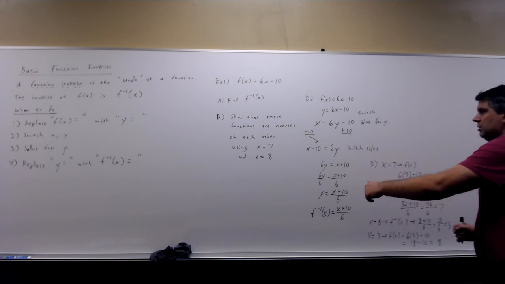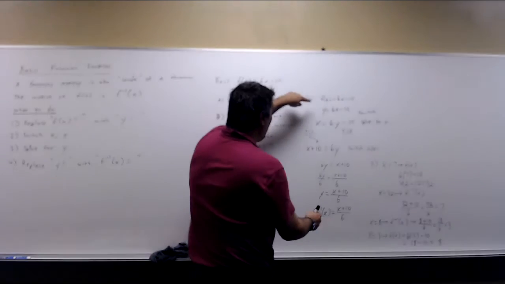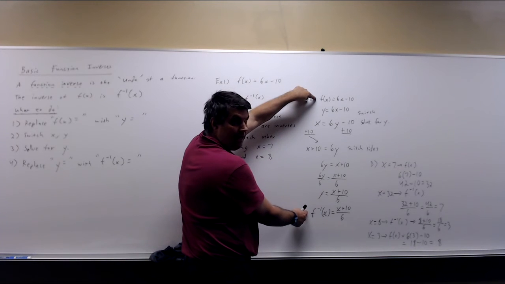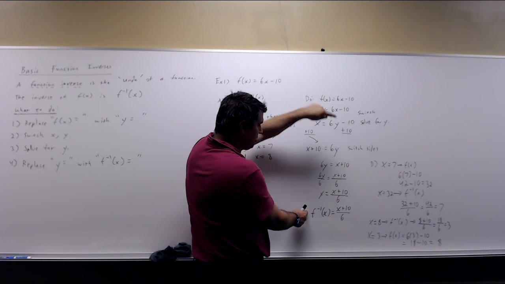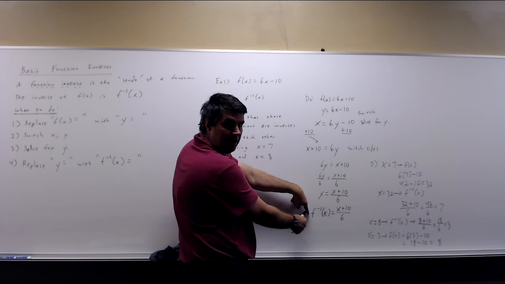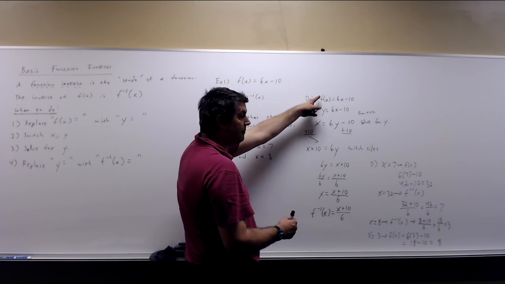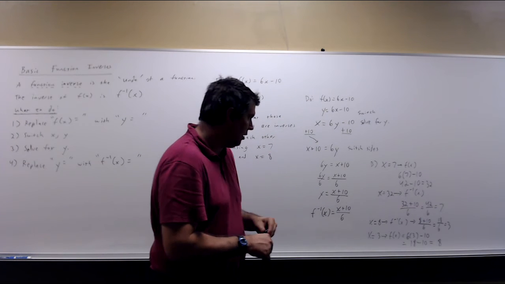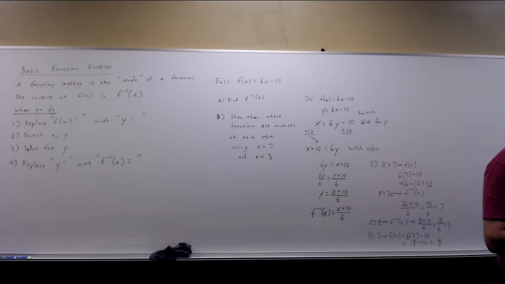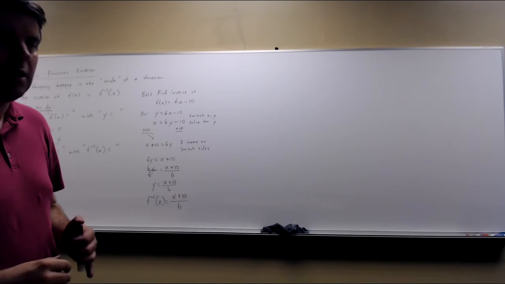These are undos of each other. If I plug a number into one, take the result and plug it into the other, I'm going to get the original number back.